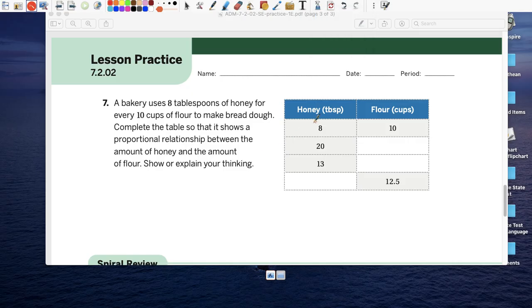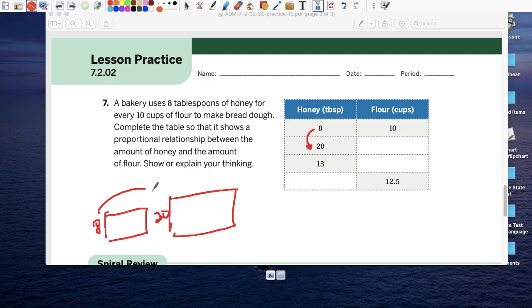What if I didn't? What if you don't want to do that? Well, then you're going to go like this. And I don't know if you want to do that. I really don't know if you want to do that. But let's do it because that's what we do. So 8 became a 20. So again, think in terms of scale factor. This was 8. It is now a 20. It got bigger, right?